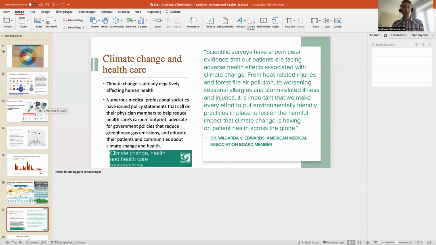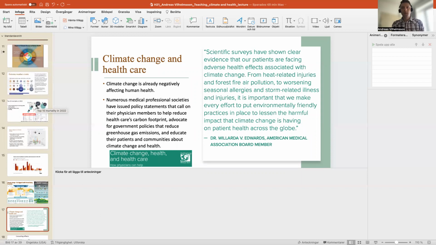And in the last years, numerous medical professional societies have issued policy statements that call on their physician members to help reduce healthcare's carbon footprints, but also advocate for government policies that reduce greenhouse gas emissions and educate the patient and communities about climate change and health.